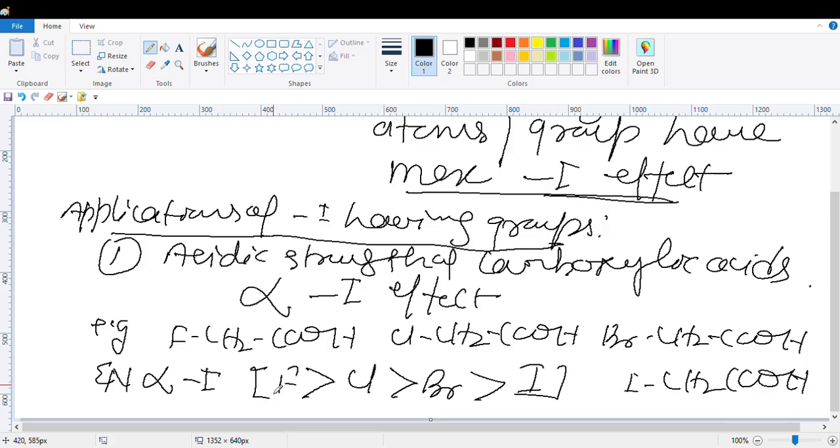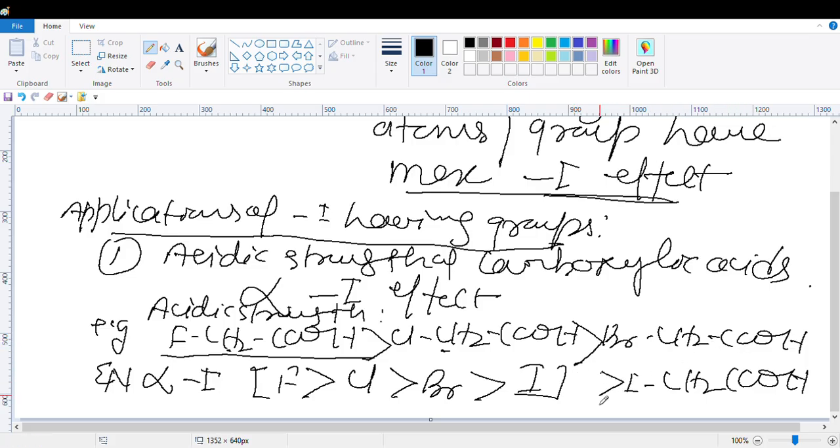The greater the electronegativity, the greater the minus I effect, the greater the acidic strength. So here the acidic strength order will be: fluoroacetic acid is most acidic, chloroacetic acid is less acidic, bromoacetic acid is even less acidic, and iodoacetic acid will be the least acidic because iodine has the lowest minus I effect.